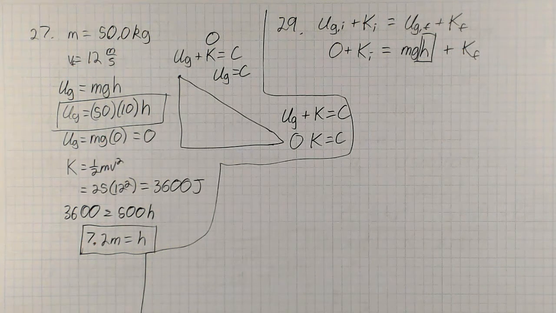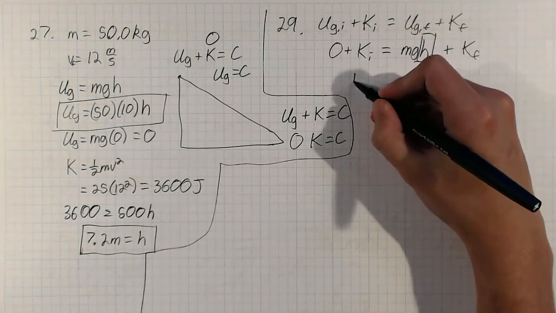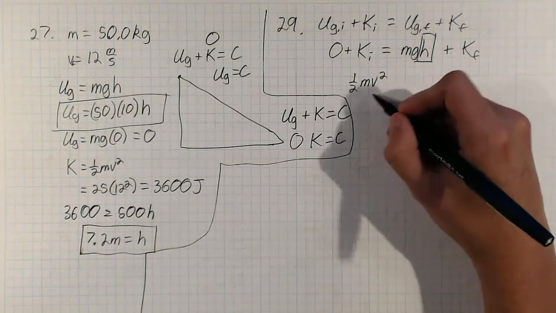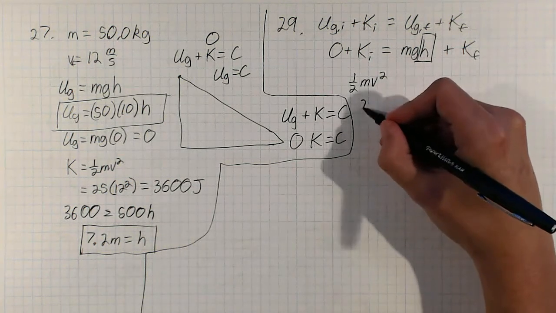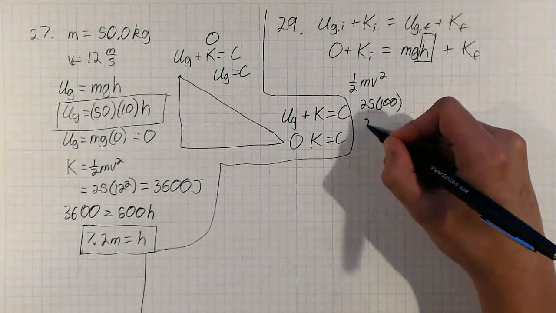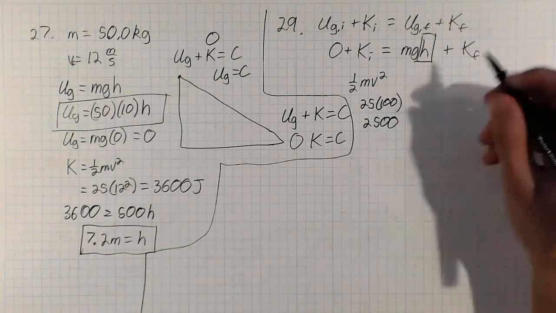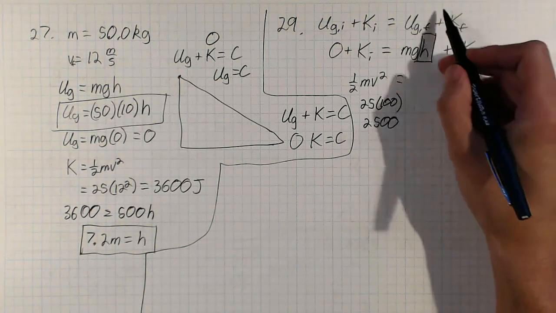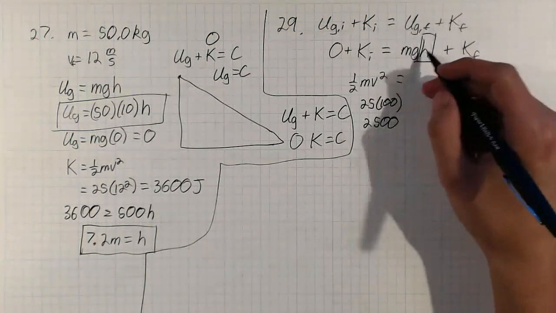Now, initially, he has a velocity of 10 meters per second, so the initial kinetic energy is equal to 1/2 mv squared, which is equal to 1/2 times 50, which is 25, times v squared, which is 100. So we have an initial kinetic energy of 2,500 joules. This is equal to our final gravitational potential, which is m times g times h.